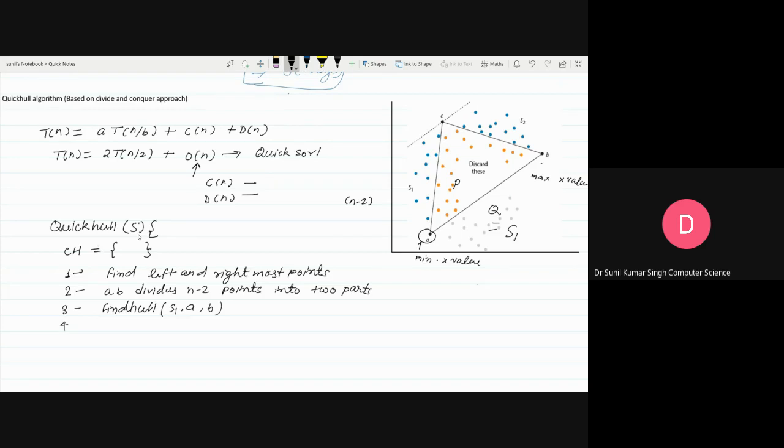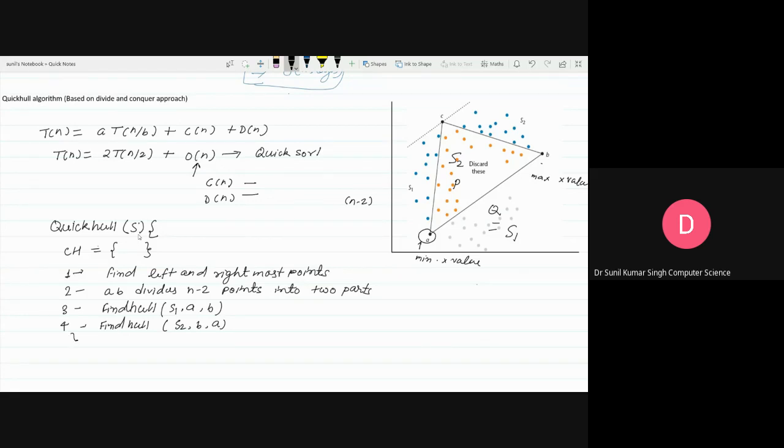And then we have to call the find hull function for this part also. So here, let's call find hull, and maybe we can call it S2, B comma A, because if you are facing towards A, standing at B, then S2 will be on the right side.